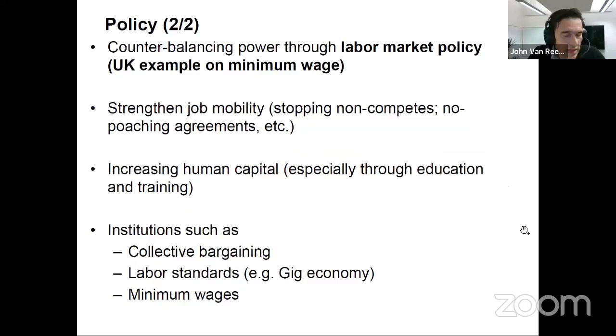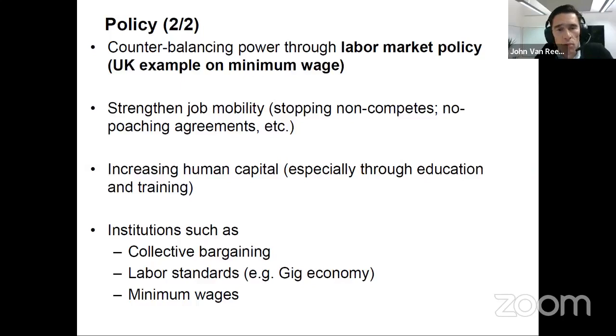My second group of policy recommendations, which goes back to the UK example I just gave, is that we have to think about mechanisms to counterbalance some of these firms' powers through labour market policy. I gave the UK example, the minimum wage, but we could also think of many other ways to strengthen the hand of workers.